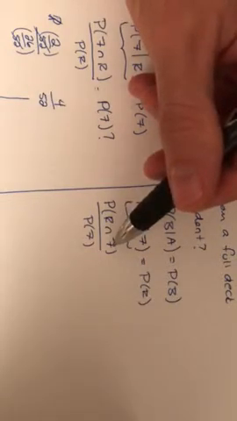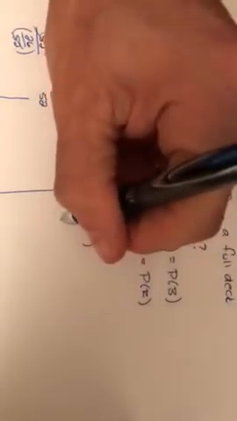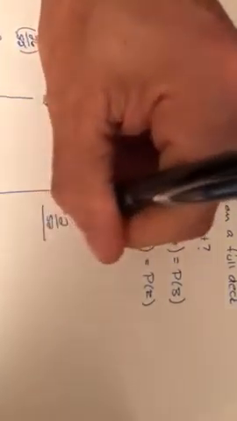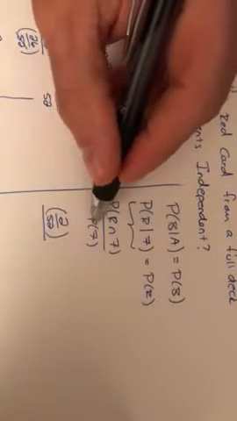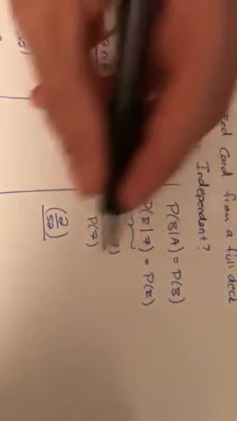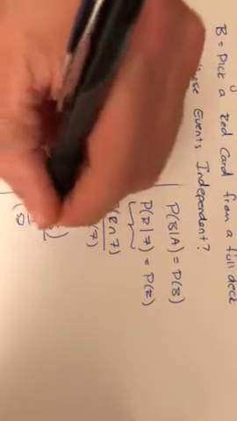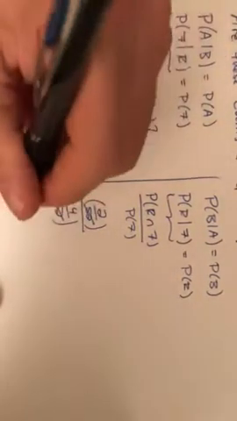So 7s that are red. There are 2 7s in a deck that are red, over how many 7s are there in a deck? Well, I've got 4 7s out of a total 52. So in our case, on the left side, this becomes 2 over 4, which reduces to 1/2.